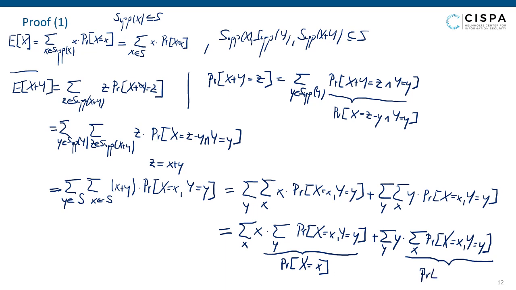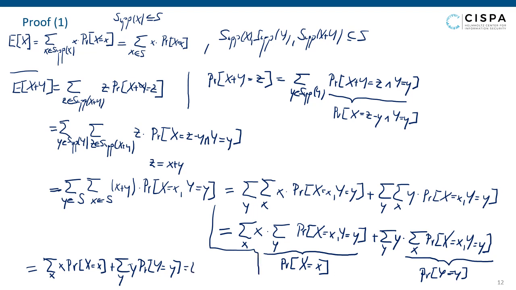This is just the probability Y equals y. Finally, maybe I'm going to continue down here. This is just the sum over all x of x times the probability X equals x, plus the sum over all y of y times the probability Y equals y.